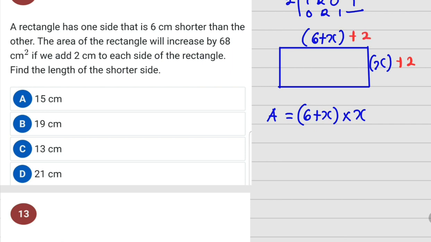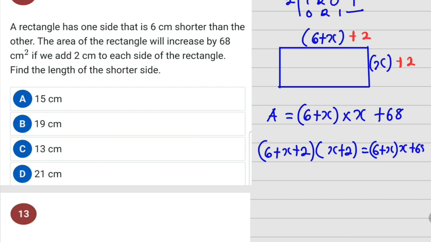So this is going to be increased by 68. Now the new area is actually 6 plus x plus 2 times x plus 2. Now it is going to give us this area, which is 6 plus x all into x, then plus 68. That is the meaning. Okay.